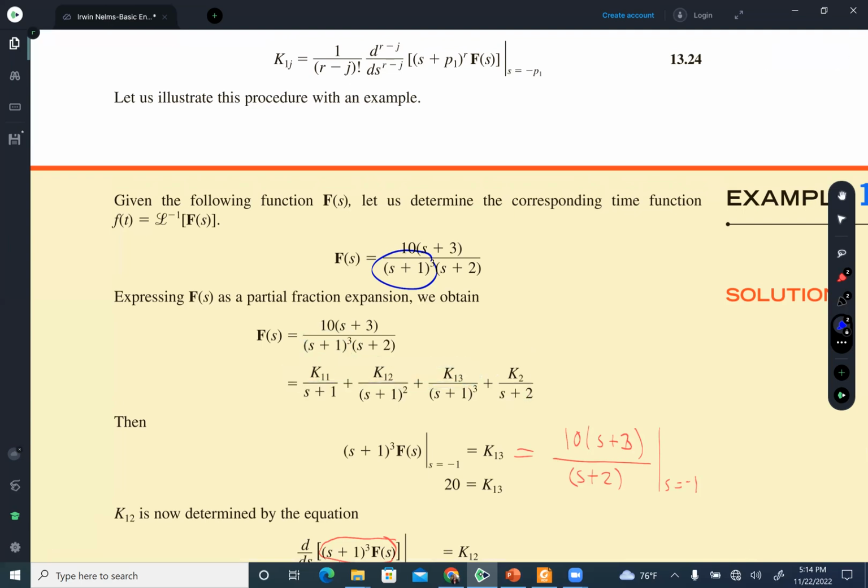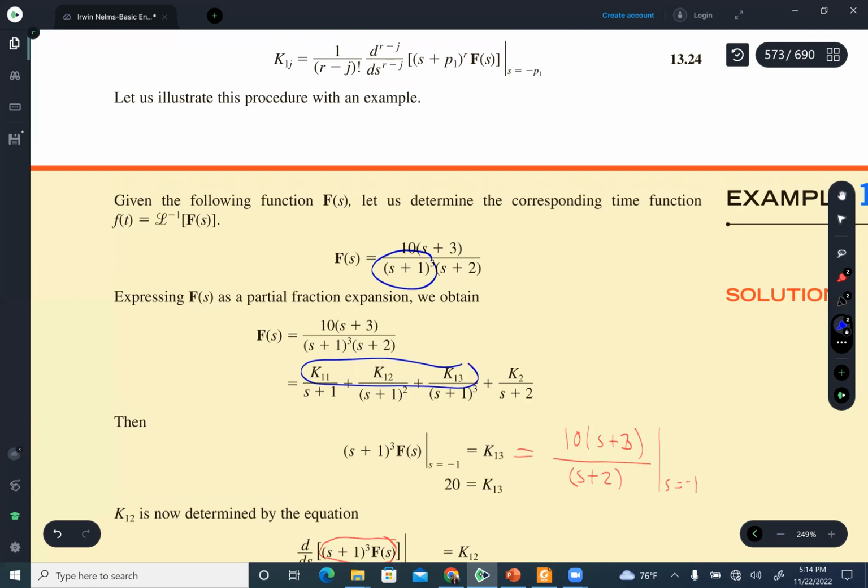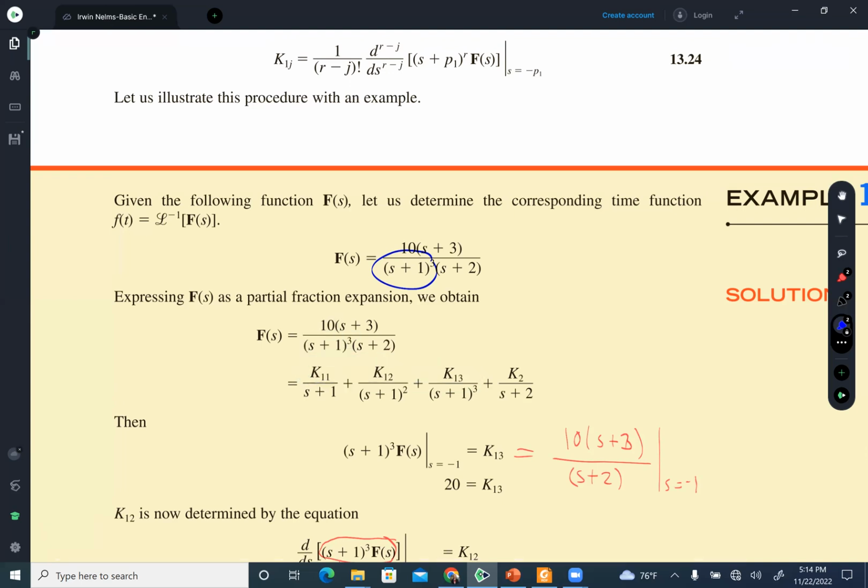I could have just called them A, B, C, D, right? That's fine as well. But the reason they both have the same first subscript, k1 something, is because they all have to do with this term. They are all byproducts that flow out of the fact that this power is bigger than 1, right?